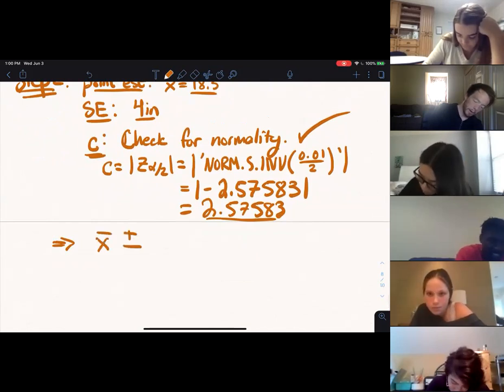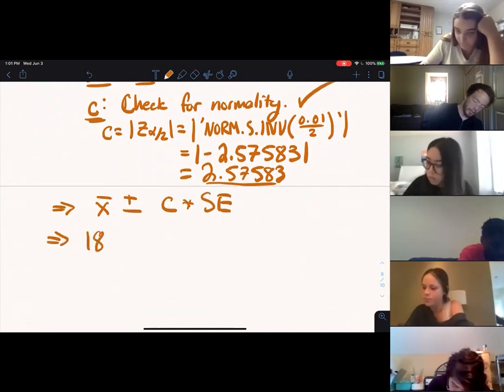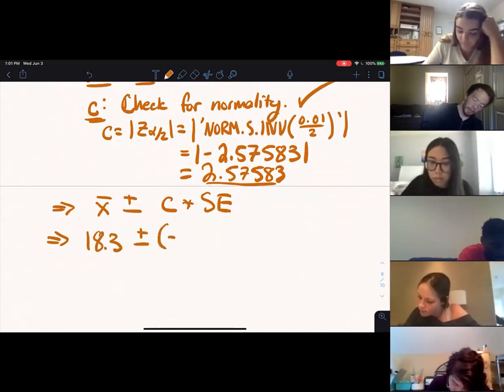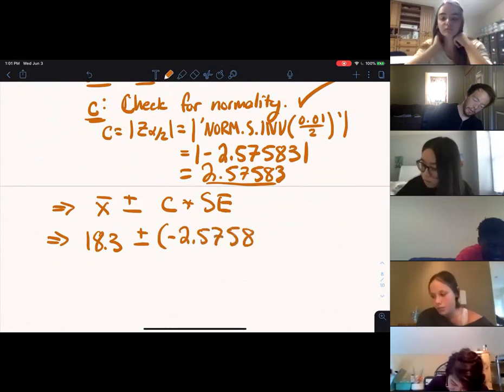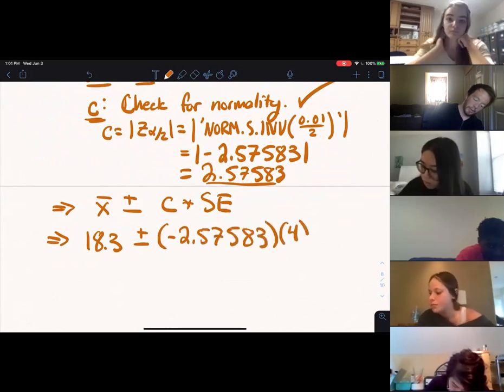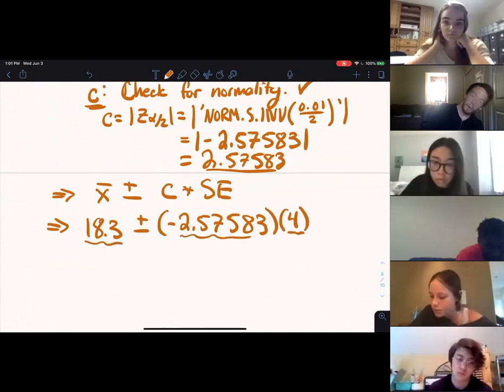So it's x bar plus or minus C times the standard error. This is 18.3 plus or minus 2.57583 times our standard error. So this is C, and this is our standard error 4, and this is our x bar.